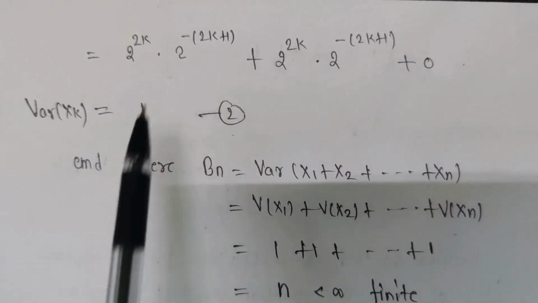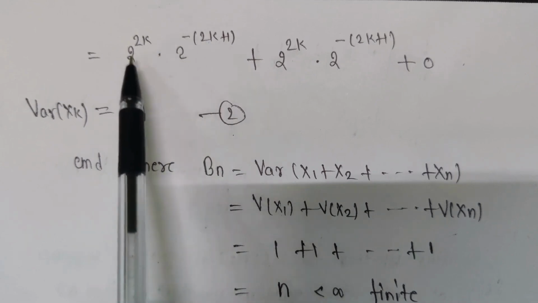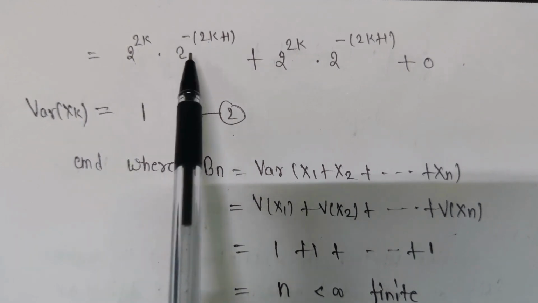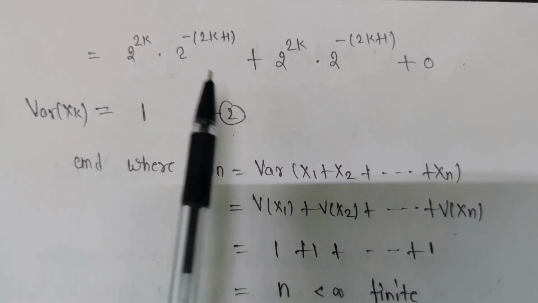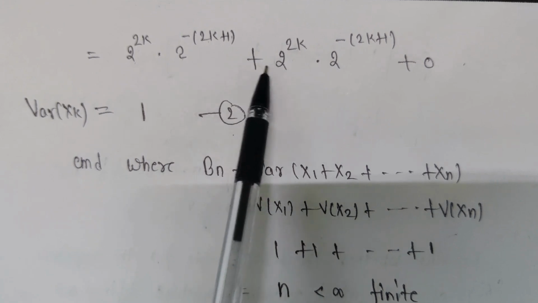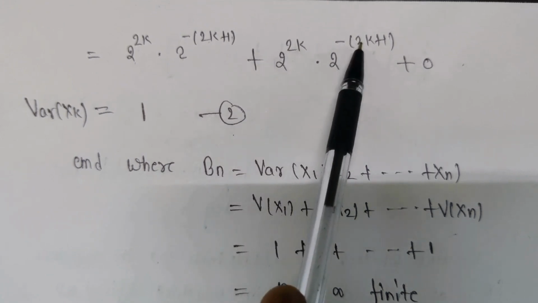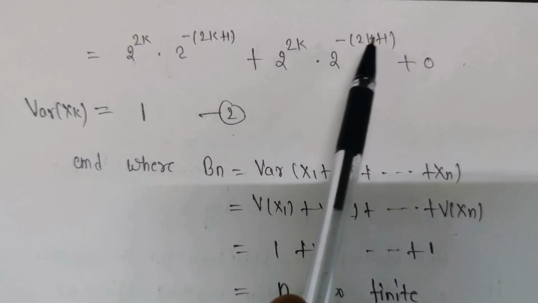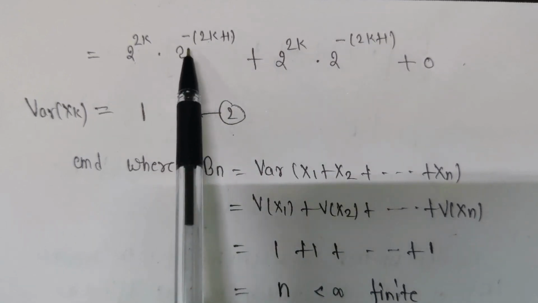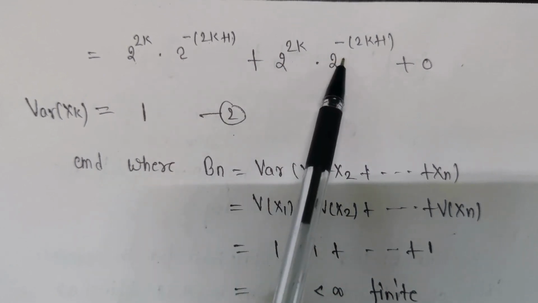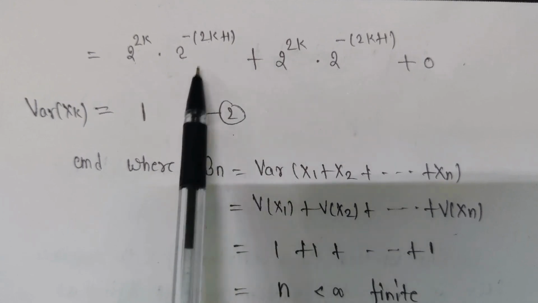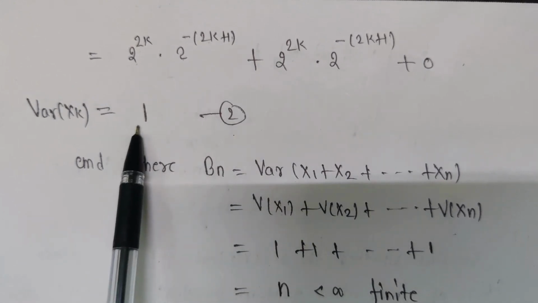Now you can see here that 2 to the power minus 2k and 2 to the power 2k cancel out. So the result is 2 to the power minus 1. Similarly, 2 to the power 2k and 2 to the power minus 2k cancel out, and here also 2 to the power minus 1. That means 2 to the power minus 1 is 1 by 2, and 2 to the power minus 1 is 1 by 2. So 1 by 2 plus 1 by 2 is equal to 1.